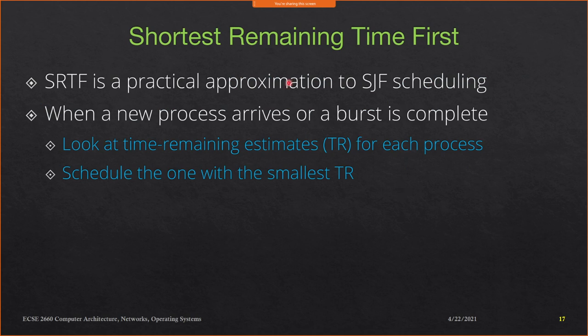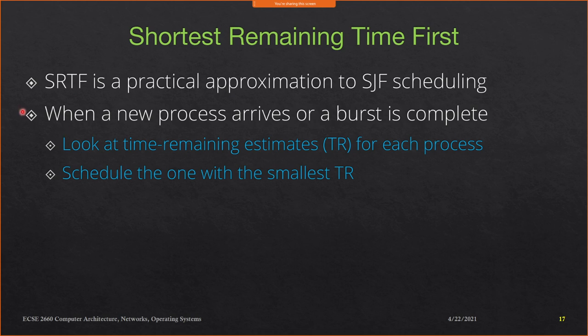Now let's talk about the shortest remaining time first. Whoever has the shortest remaining time gets to go first. Shortest remaining time first is a practical approach to shortest job first, which was a purely theoretical approach with some prediction involved. We could approximate it, but SRTF does a much better job in doing a practical approximation.